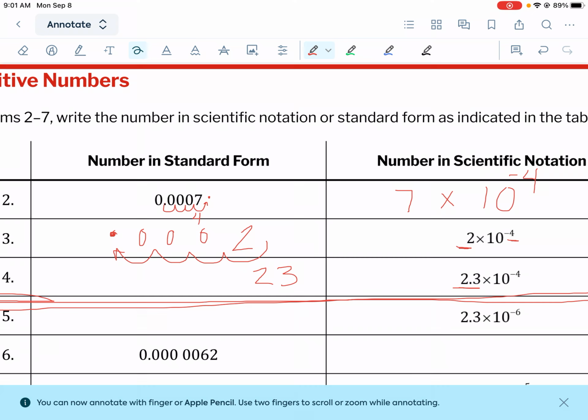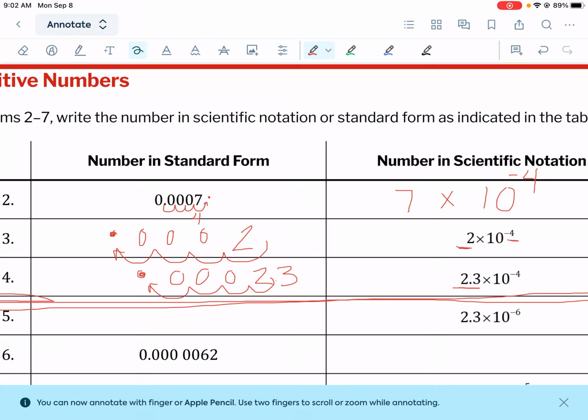Our decimal happens to be in between 2 and 3. So from there, in between, we're going to the left 4 times. Here we go. 1, 2, 3, 4. There it is. Done. Fill in those spaces with zeros. So that gives you 0.00023.